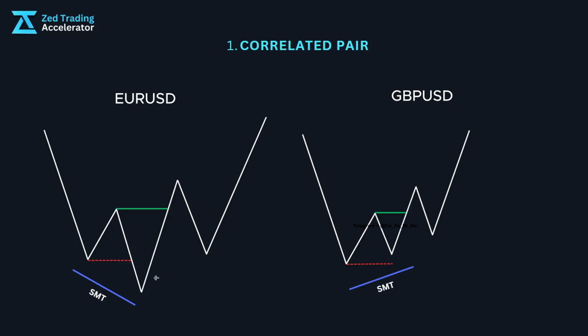Why is that? Because as we can see right here, the other pair failed to take out this swing low right here, which means the price is no longer willing to go lower. You understand? This right here is only a liquidity grab, which is exactly what shows in this pair.